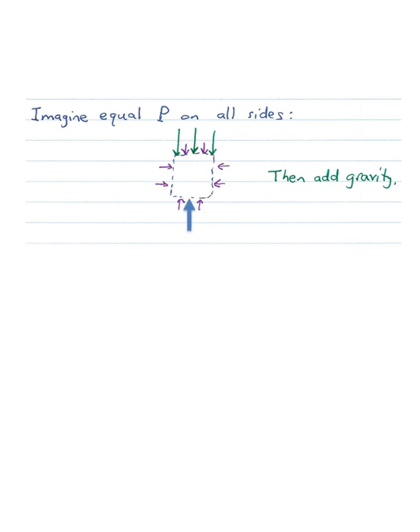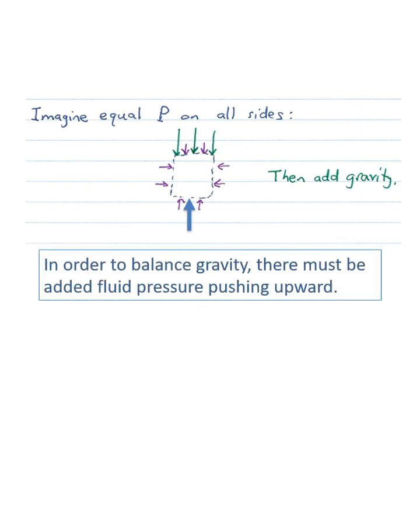So in order to have it just sitting there in hydrostatic equilibrium, we have to have something that balances gravity. In order to balance gravity, there must be added fluid pressure pushing upward. And that's what we're going to talk about in this video, that there is some added pressure upward. We're going to look at where that pressure comes from.